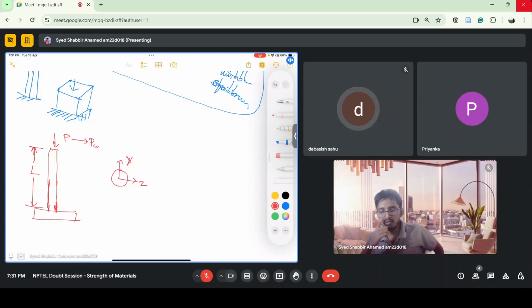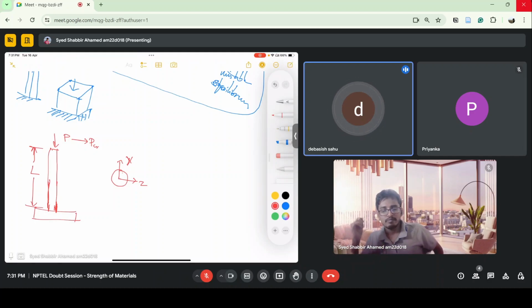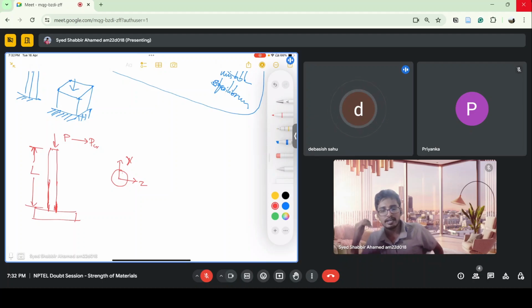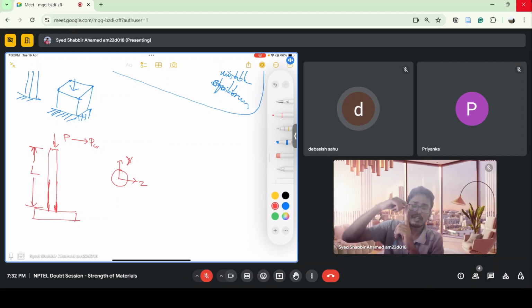Yeah. So we don't know. There is every possibility that it can go in any direction and buckle, because there are a lot of things which we don't know, like the internal defects of the material. Also, while I apply the load, I might not apply it exactly at the centroid of this cross section.